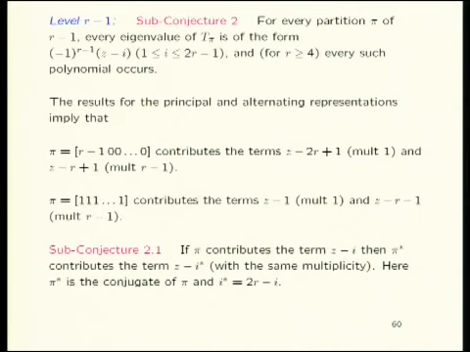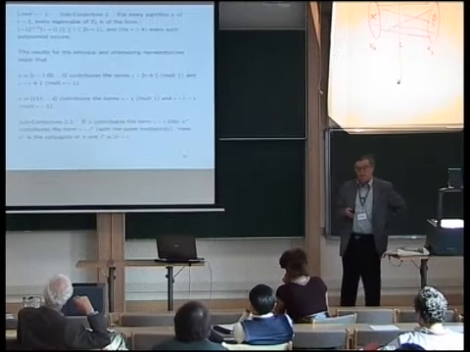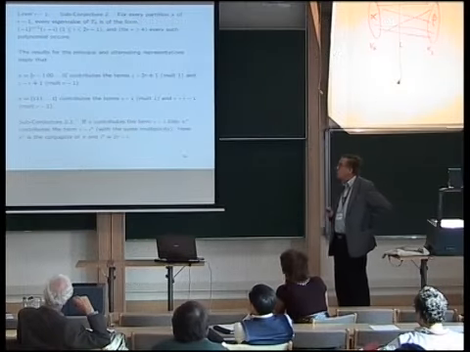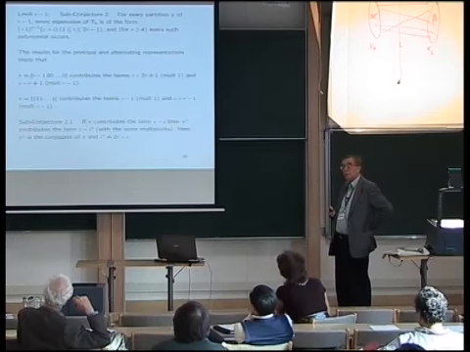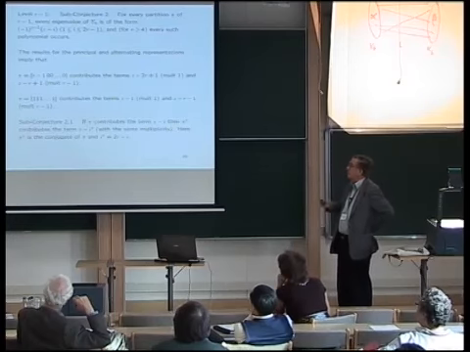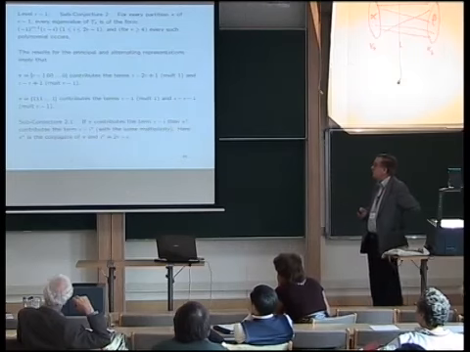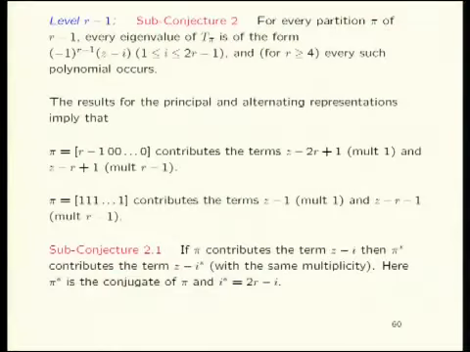If we go to nearly the bottom level, level r minus 1, so a partition of r minus 1, of course r can be large, so there can be numerous partitions of r minus 1. The conjecture is that the eigenvalues of all these matrices are linear polynomials, so just z minus something, where the something is between 1 and 2r minus 1.